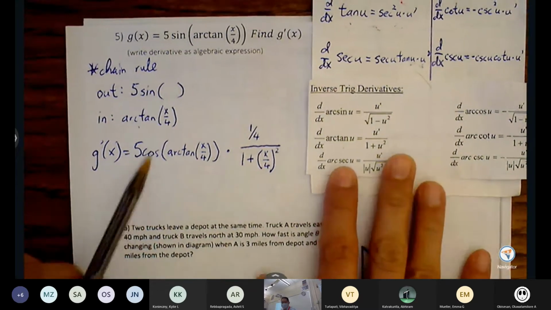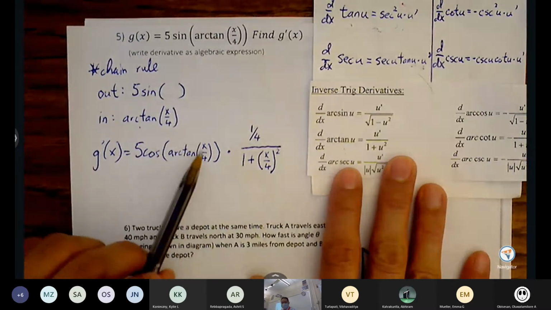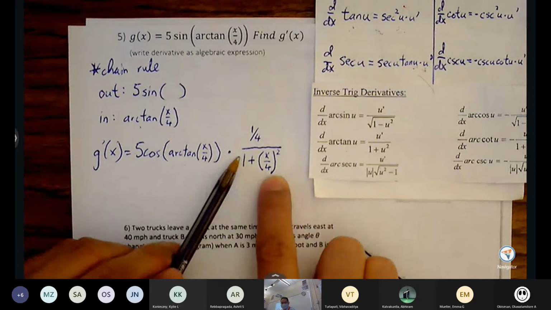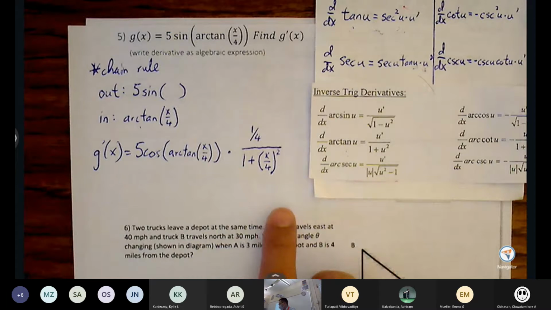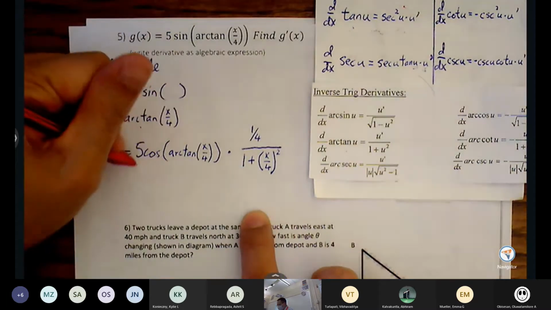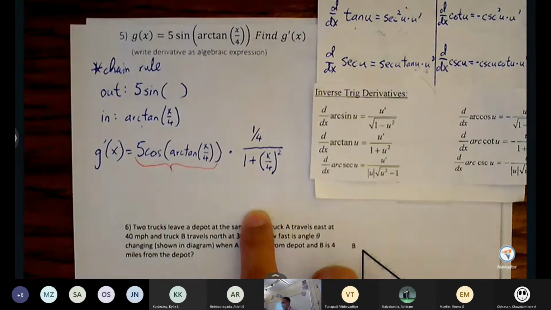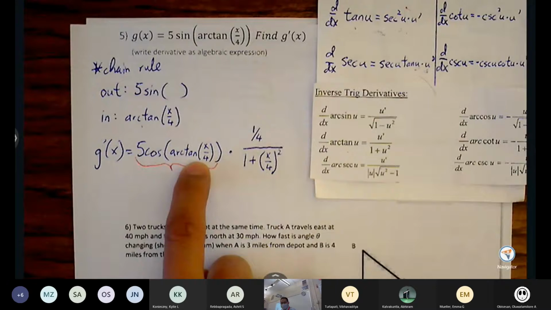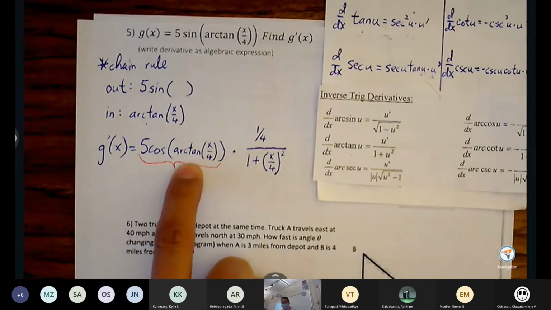Now, what I mean by algebraic expression means no trig. So we have the derivative. It's okay to leave this portion, but this part we have to clean up a bit more. So we're going to turn this trig into an algebraic. Remember the first thing that we did when we were talking about arc trig is we can use this to populate a triangle and then find the cosine of theta, right?